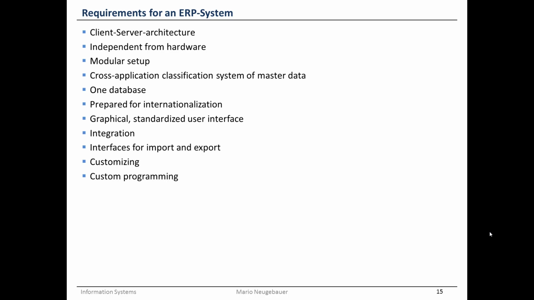Mostly an ERP system relies on one central database to have all data integrated in it. There might be practical scenarios where in really large companies you would use several databases, maybe different databases for different departments.